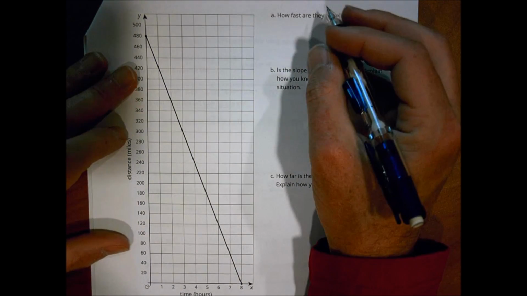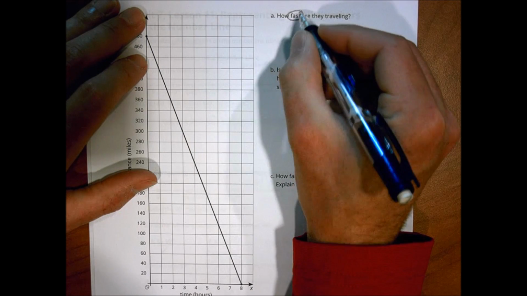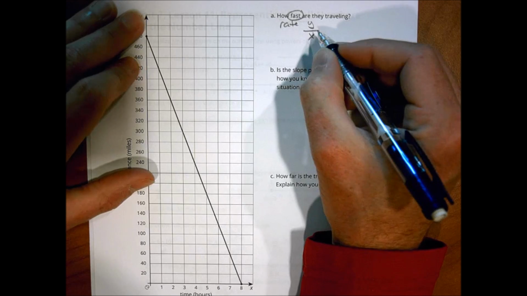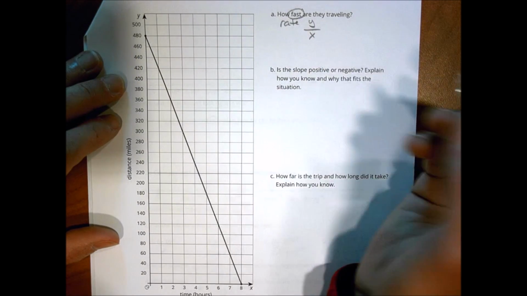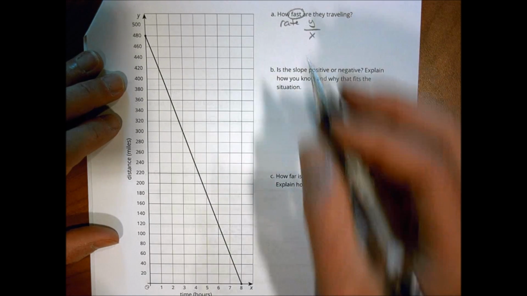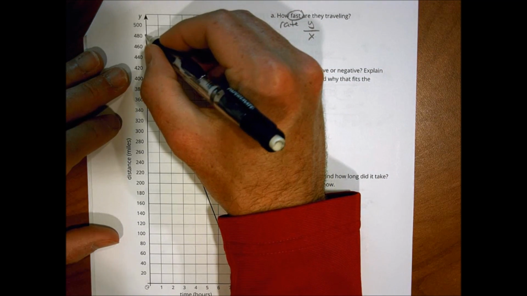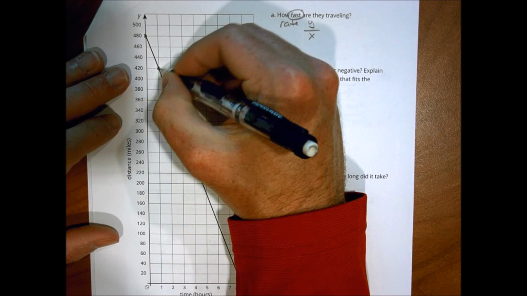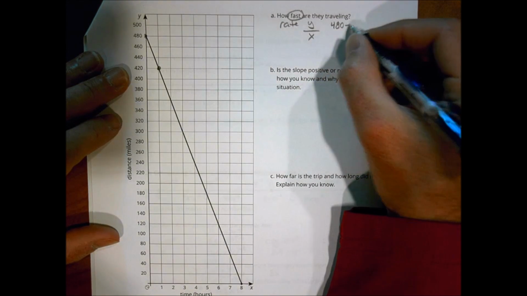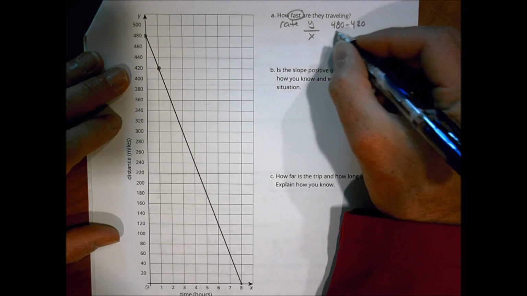The rate that they're traveling is going to be your y over x value. So we have to pick a point and go from point to point. However you want to do this, we've got 480. We have another point right here at 420. So it's a difference there. So 480 minus 420 divided by our change in x.